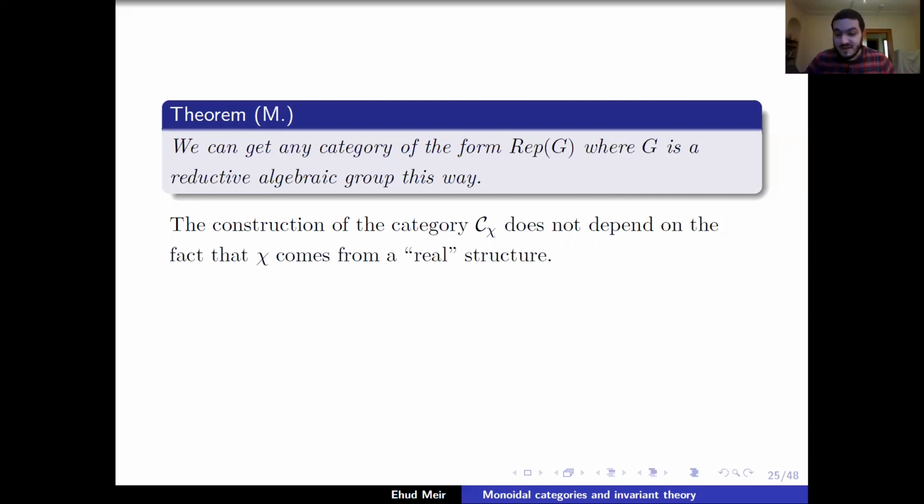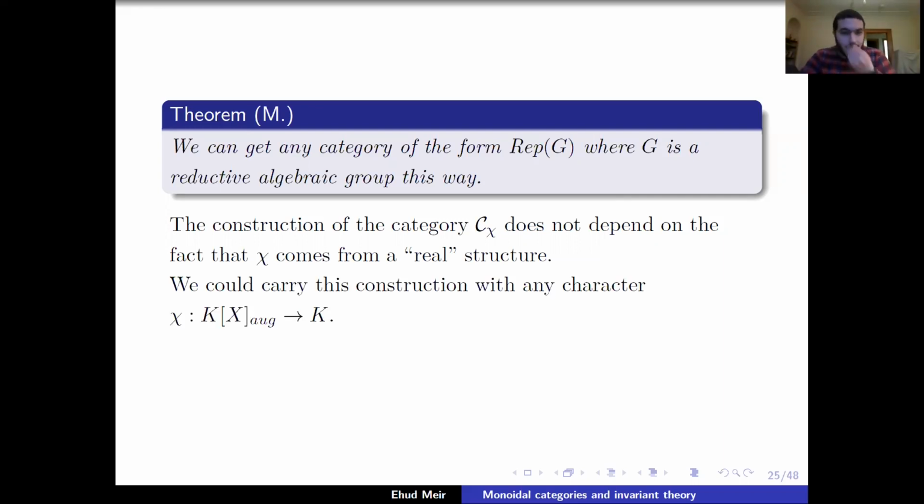We can just take any other character of this algebra. And describing characters of this algebra is quite straightforward in a way, because this algebra is a polynomial algebra. So we just need to assign values to all the generators, which are closed connected diagrams. Okay, so we could carry this construction with any other character as well. And then we can ask what kind of characters do we get now?